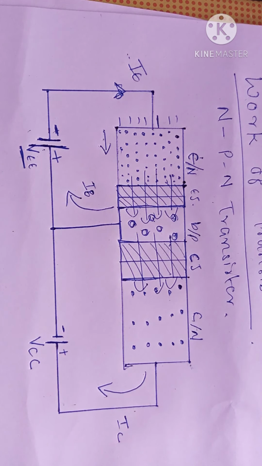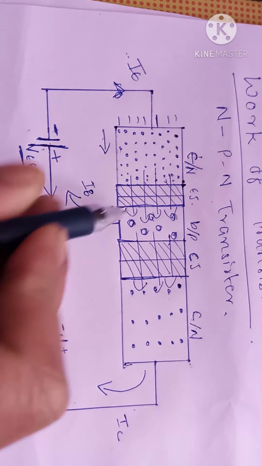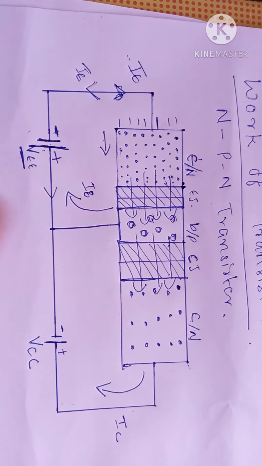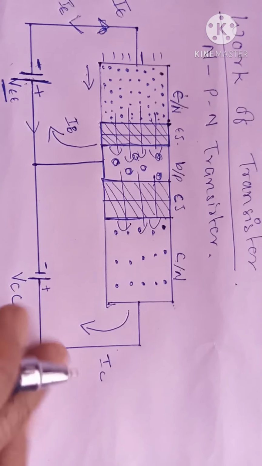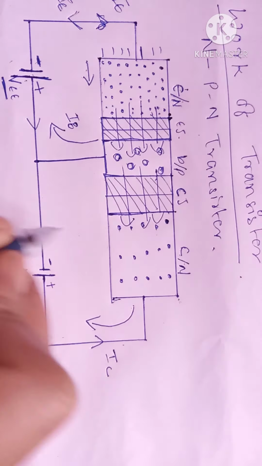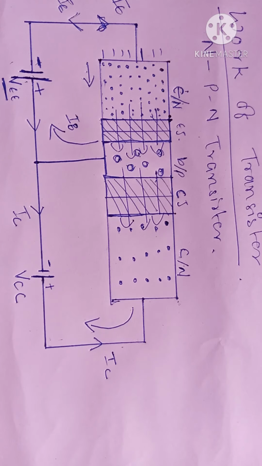Now we will see the direction of current. We all know that current starts from the positive terminal to the negative terminal. For input, positive terminal to negative terminal is IE, the emitter current, and for the collector, positive terminal to negative terminal is IC, the collector current.